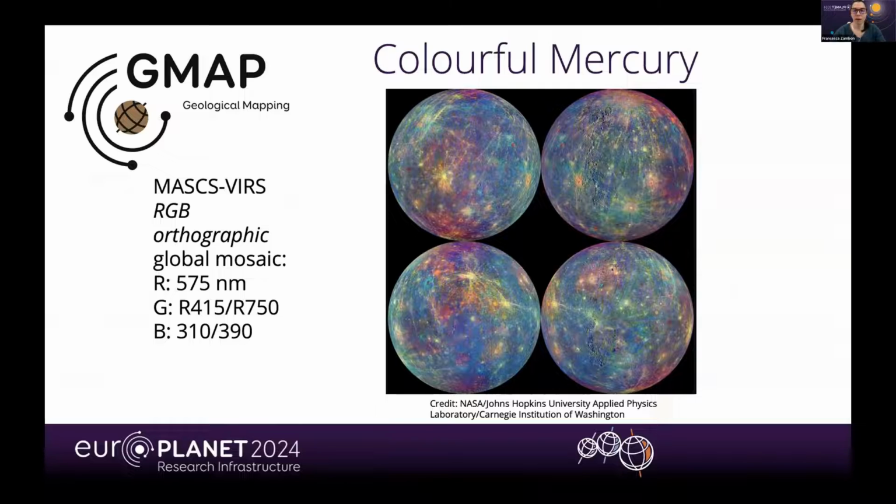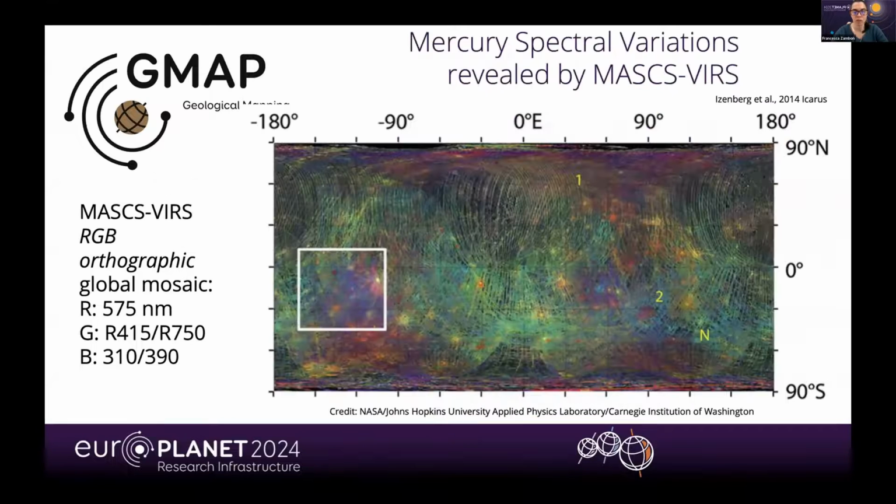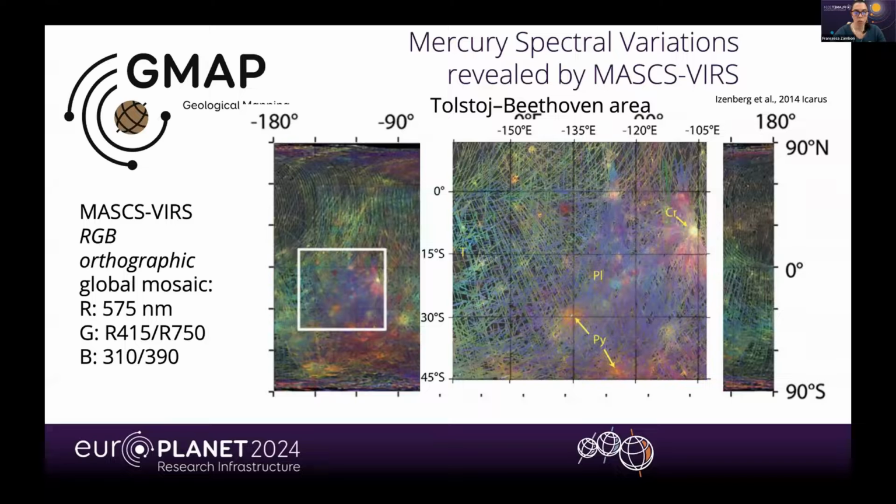You can do a similar work also using the visible and infrared spectrometer. This is an example of an RGB combination considering the spectrometer on board MESSENGER. This is the global map, and also in this case, this kind of color combination has been used to emphasize different kinds of terrain. I want to show you just a close-up of a particular area, the Tolstoj-Beethoven area.